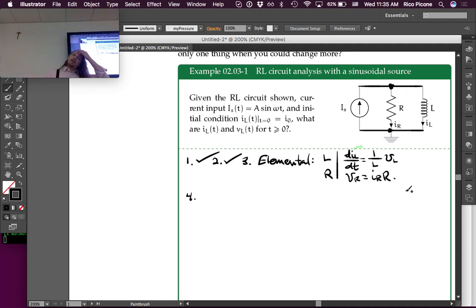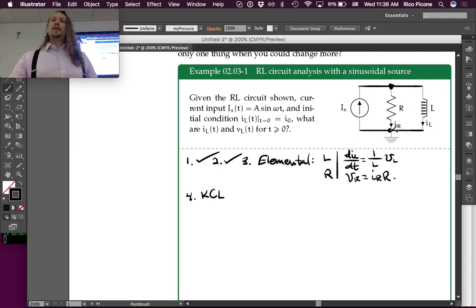And we are to write Kirchhoff's current law, and our rules say that we need to do it for those 2 nodes. But notice that those 2 nodes are going to give exactly the same equation, because say you took the top one, it's going to say everything going in is IS equals everything going out, which is IR plus IL.